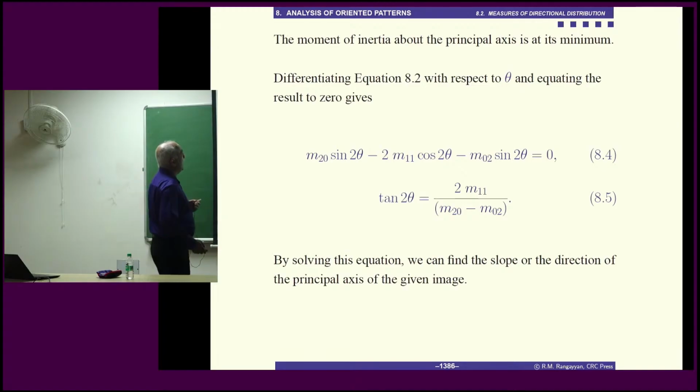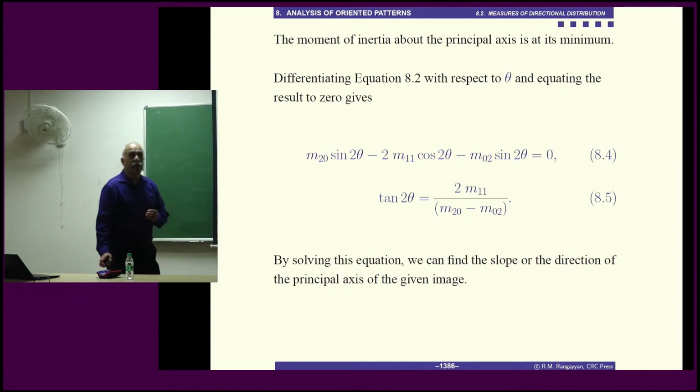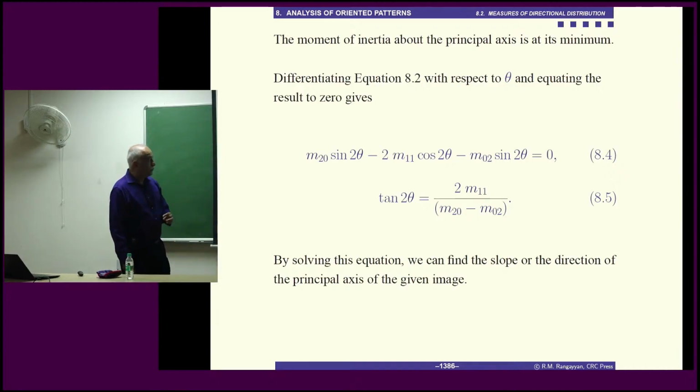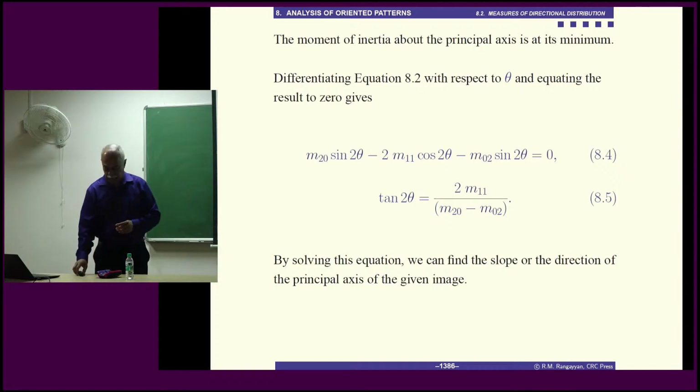You go ahead and solve that, and you get tan 2 theta equals 2 m11 over m20 minus m02. So by computing these moments and solving this equation, we can find the slope or direction of the principal axis of this object, which would be like that.